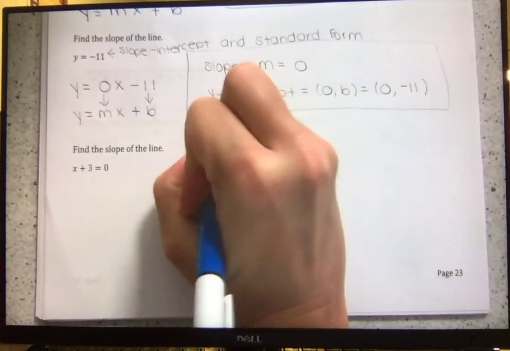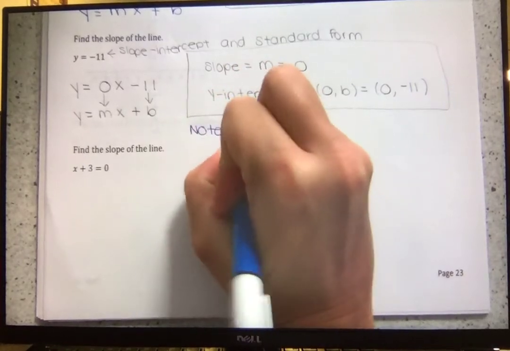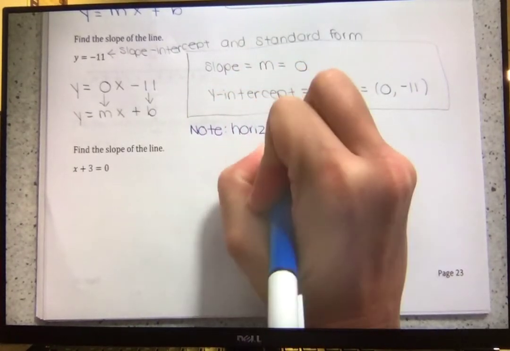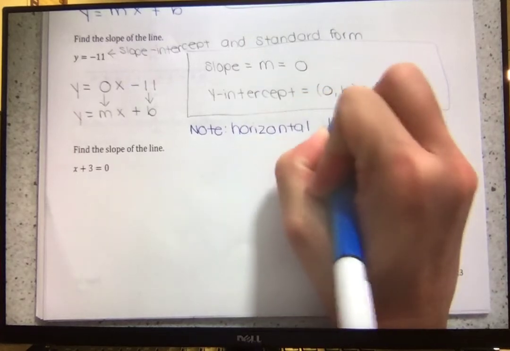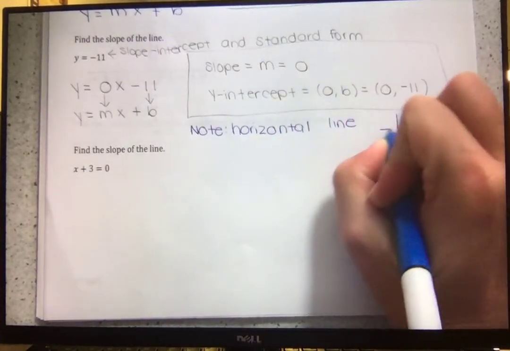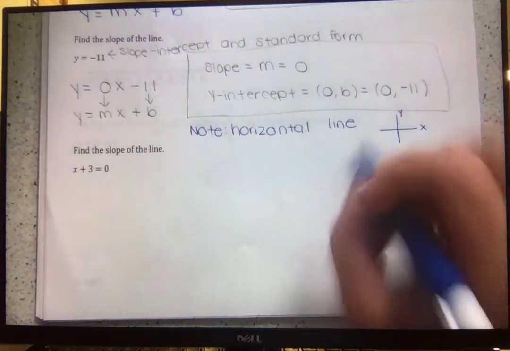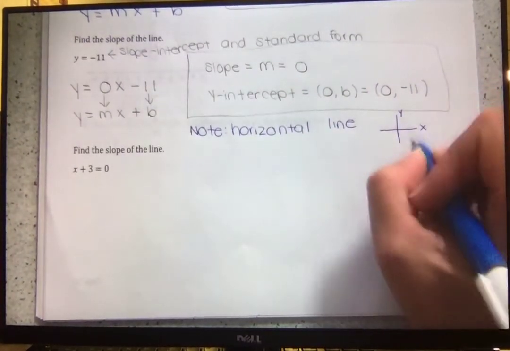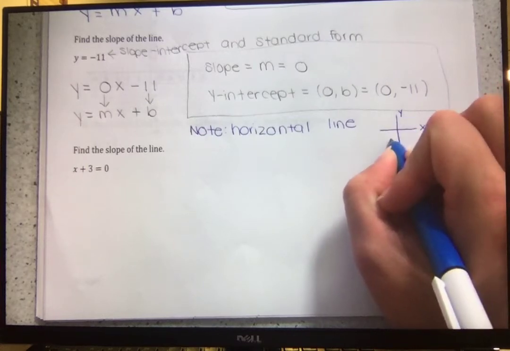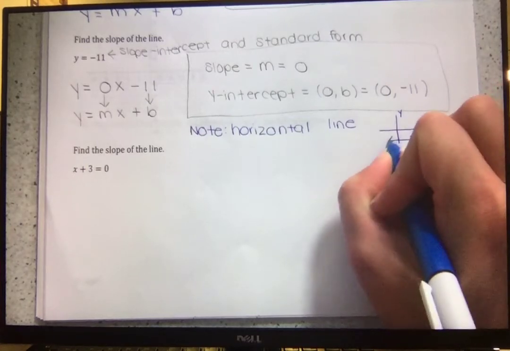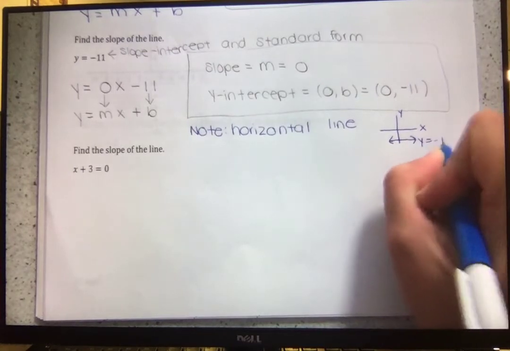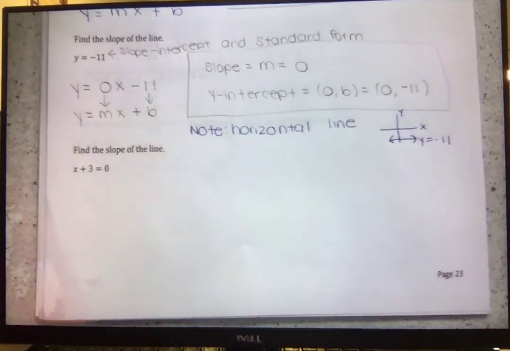So note, this is going to be a horizontal line. The way that I think about it is we have our x and our y axis. Our y axis is vertical, so y equals is the opposite. So y equals negative 11 will be somewhere down here. Keep that in mind too.